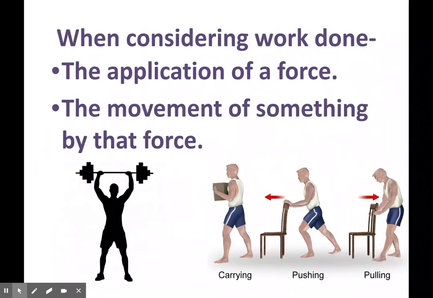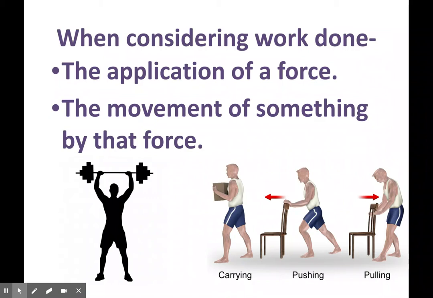So if we look at a couple scenarios, we have to look at the application of the force or which way something's moving because of that force. So we might have somebody lifting something up or setting something back down. They might be pushing an object one way or they might be pulling it another.